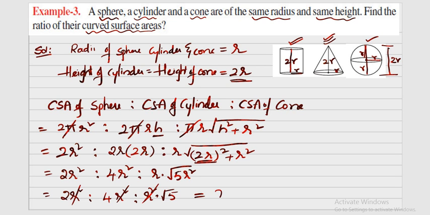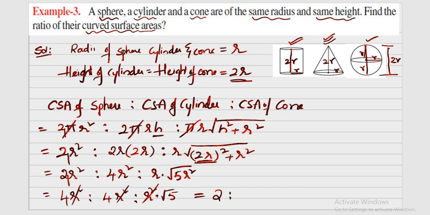Then finally what I am left with is, sorry, what is the CSA of sphere? The CSA of sphere is nothing but 4 pi r square, because it doesn't have any top or bottom. So it is 4 pi r square, 4 pi r square and 4 pi r square, right?